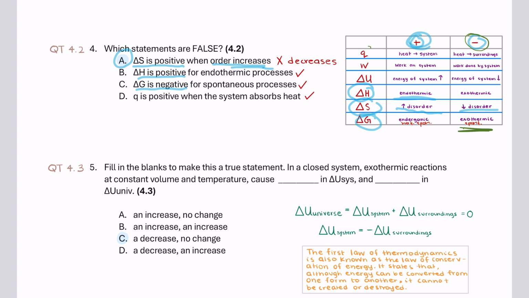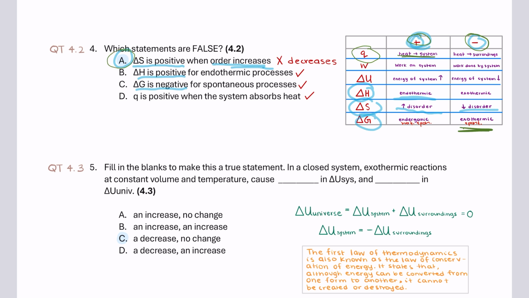Finally, D says that Q is positive when the system absorbs heat. Q represents heat, and by thermodynamic convention, heat is positive when it flows into the system. So if the system absorbs heat, Q is greater than 0, and that makes this statement true as well. So to summarize, statement A is the only false statement.